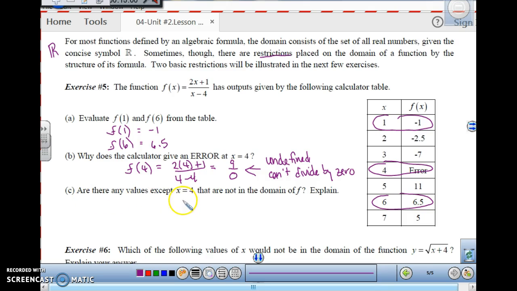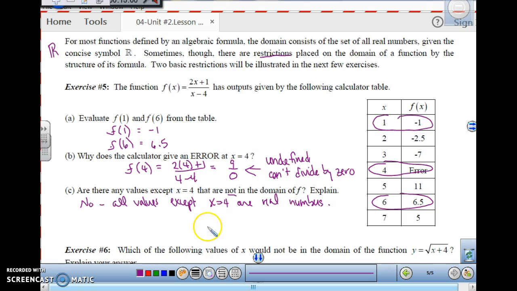Are there any values except x equals 4 that are not in the domain? Well, is there any other value that we plug in here that's going to make that 0? No, that's the only restriction we would have. So all other values are fine. All values except x equals 4 are real numbers and part of the domain.